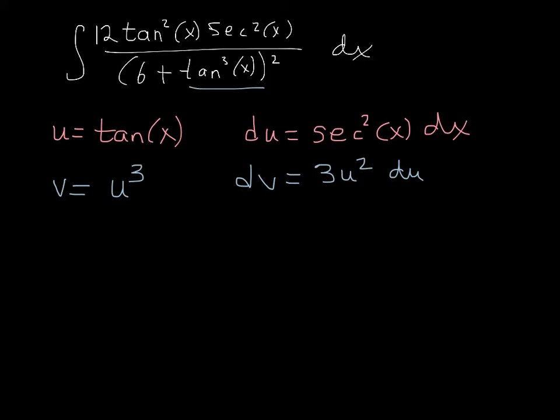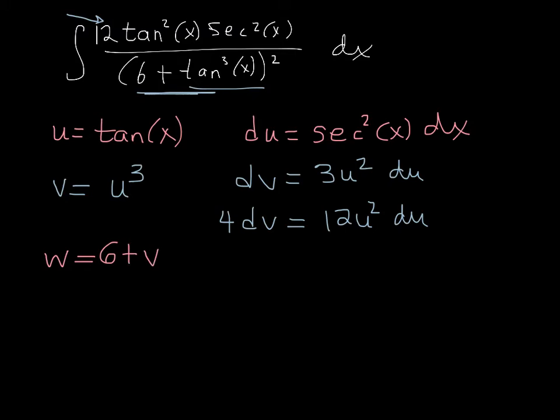And I look up here and I say, wow, that would really be nice if that was a 12 instead. So I multiply both sides by 4 and magically make it a 12. And then I also see the bottom down here, I could actually write it as w equals 6 plus v.